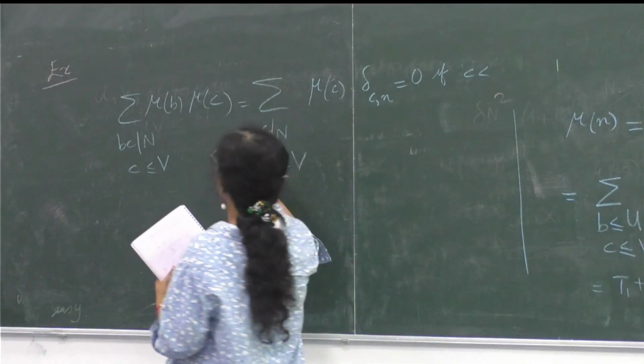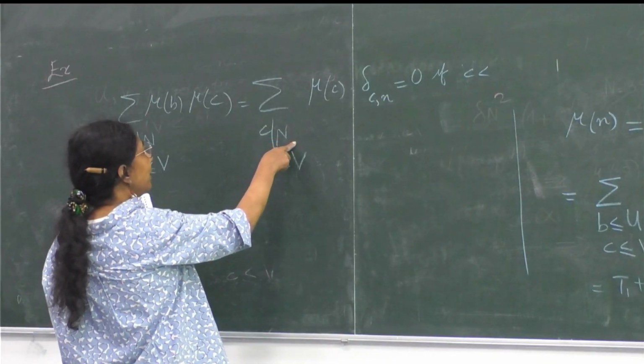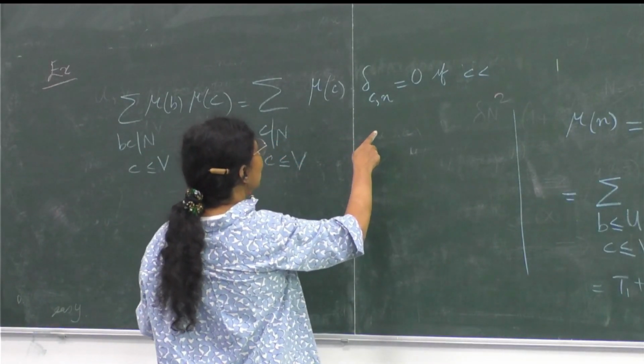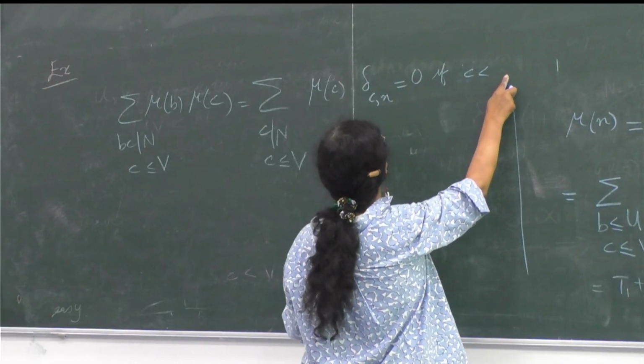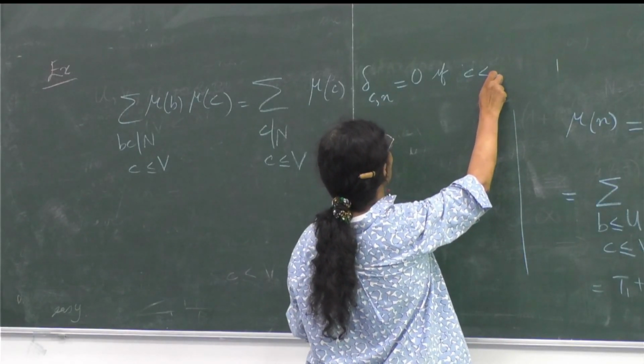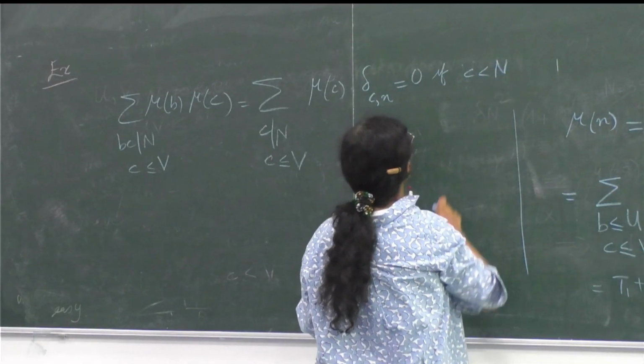Yeah, C divides capital N, and so if C is less than N, this is 0.